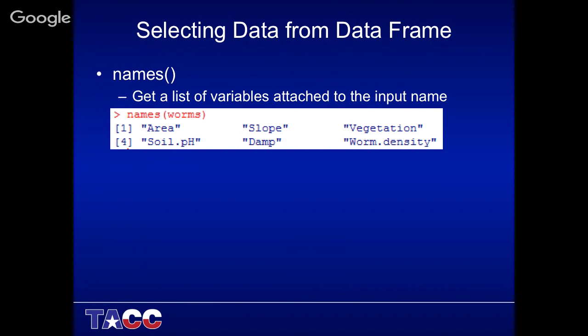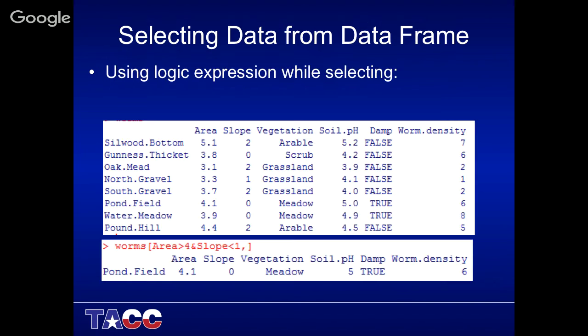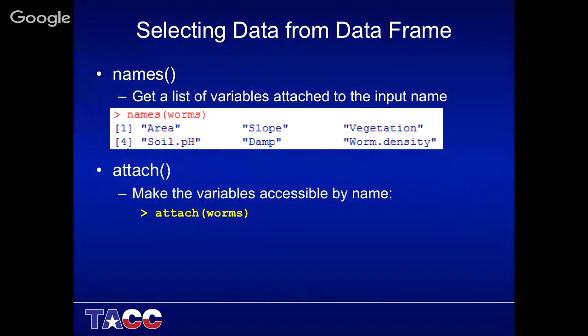And running attach, I think you can access them by name. So you could say worms dollar column name, and that would give you that corresponding column.